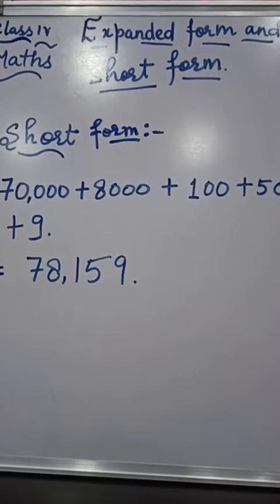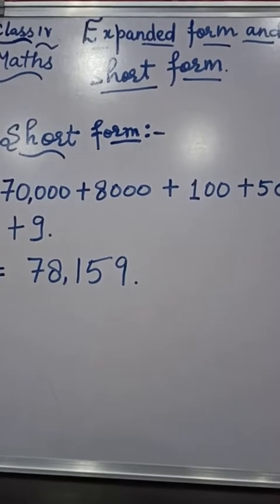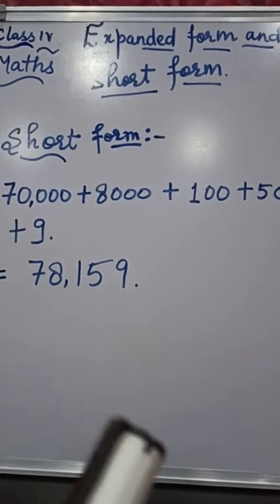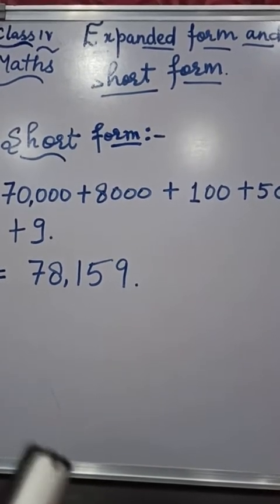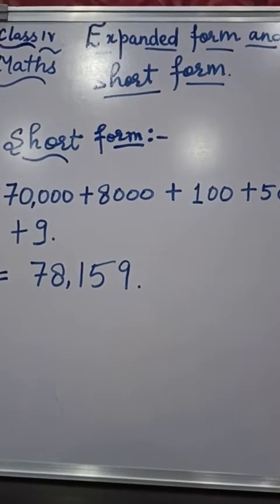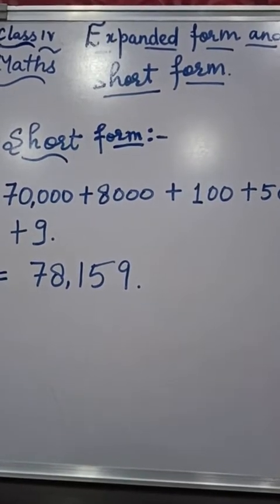So when we write a number as a sum of the place values of its digits, the number is said to be in expanded form. And when we write a number using digits, the number is said to be in short form.